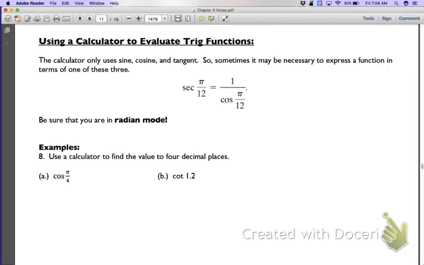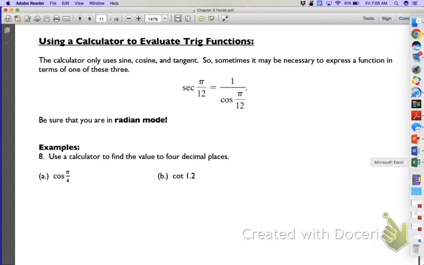Make sure you're in radian mode. If you have a scientific calculator, you're going to have to hit the DRG button and make sure it says rad at the top. If you have a graphing calculator, you're going to have to go into mode and it should say degree, radian, and probably gradient. Just make sure you're in radian mode.